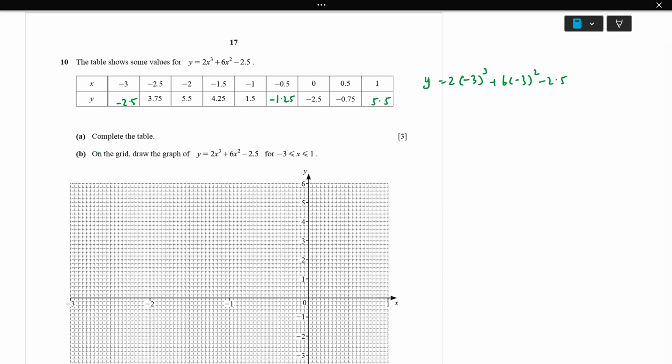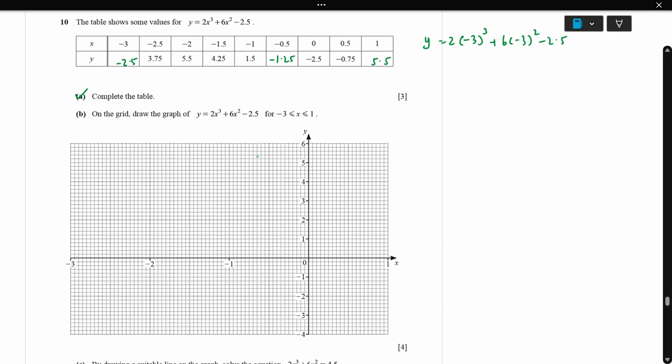Next question, complete the table. First part is done. The next part, on the grid, draw the graph. So we need to plot these points on the graph. First is -3 and -2.5, it's here. That's the first point.